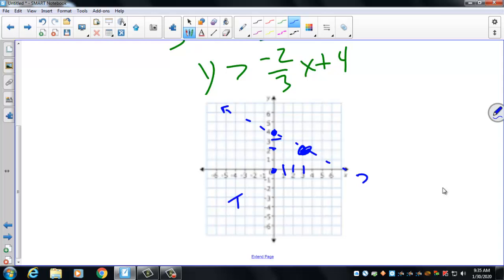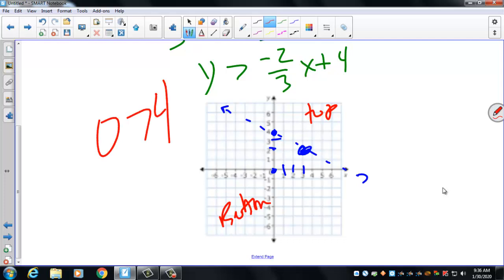I'm about ready to label that as top, but that's not the top. Okay, so this is the bottom. This is the top. 0, 0, is it on the bottom or is it on top? 0, 0 is on the bottom, right? Now, when we plug it in, shoot.